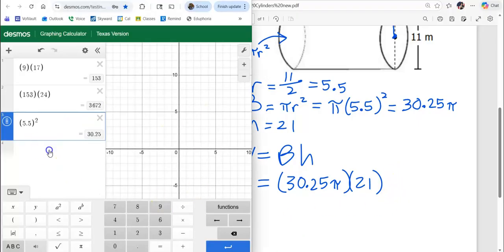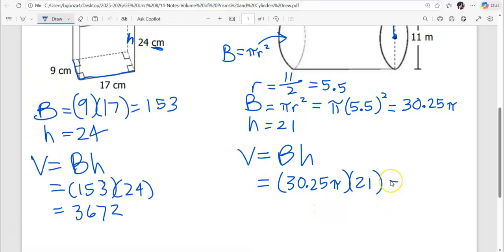Now, please remember, when you type this in, you want to imagine you're typing it like this, but you don't type the pi. You multiply these to get 635.25. And since I did not type the pi, I write the pi.